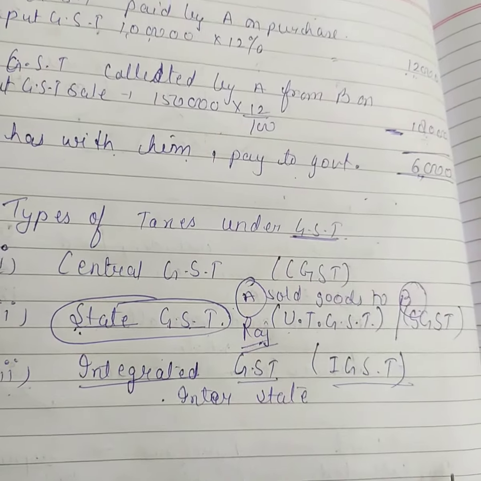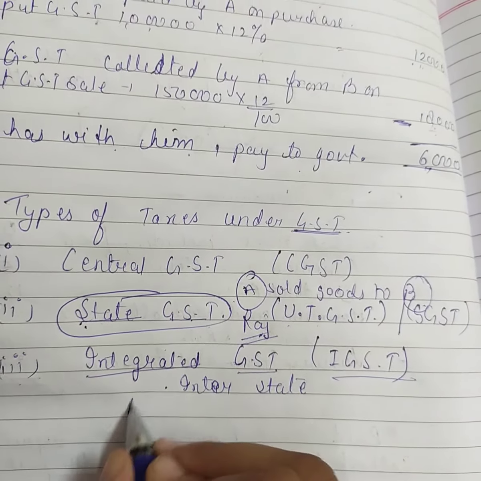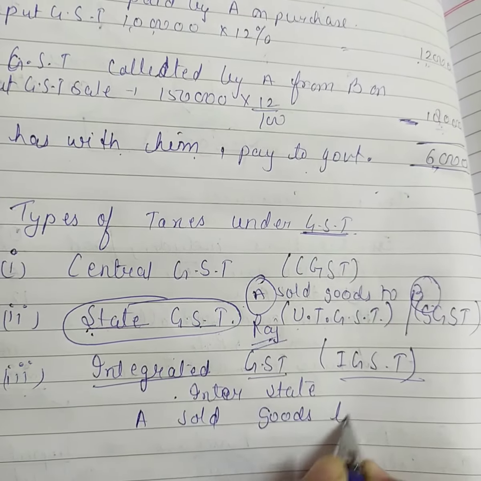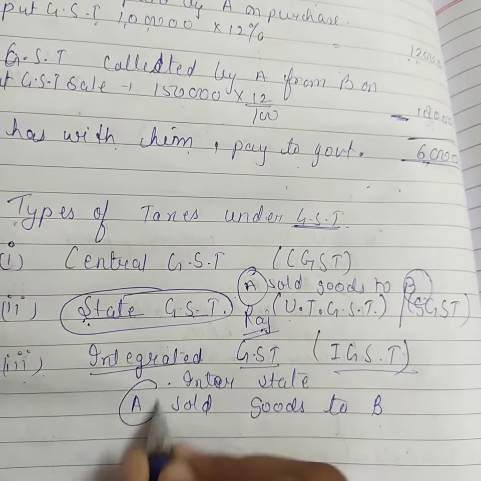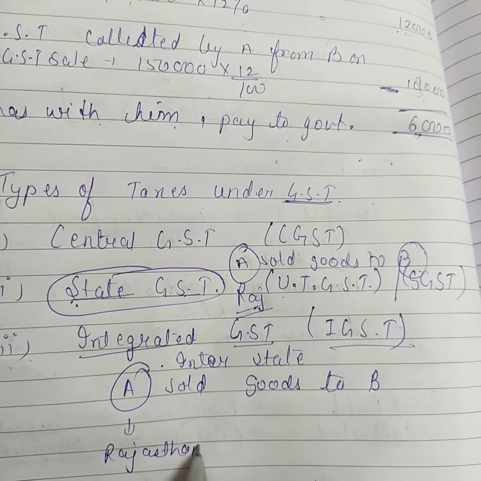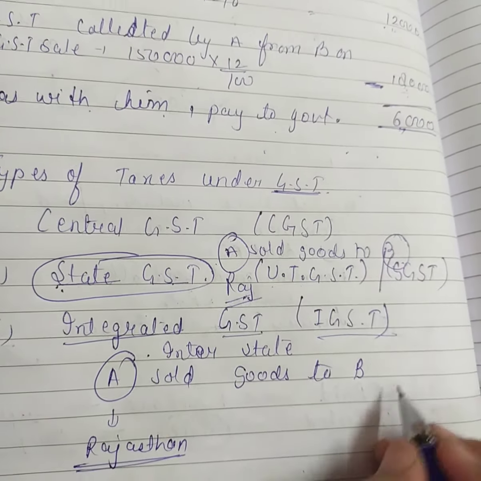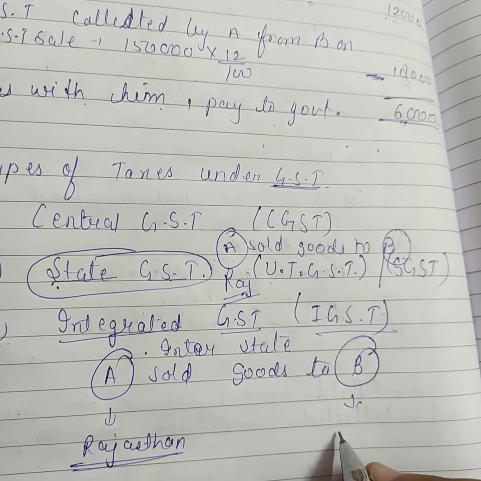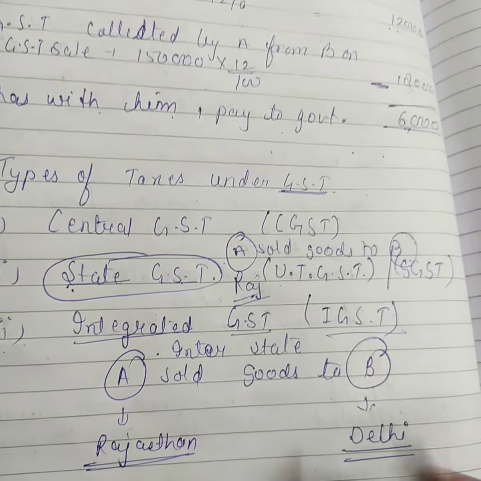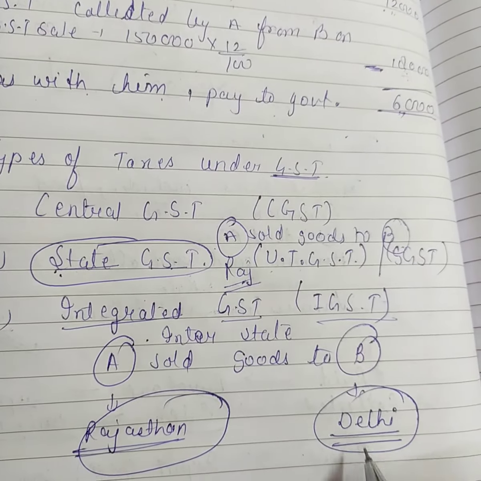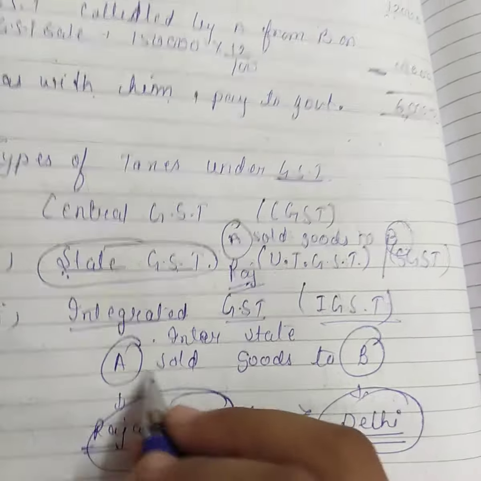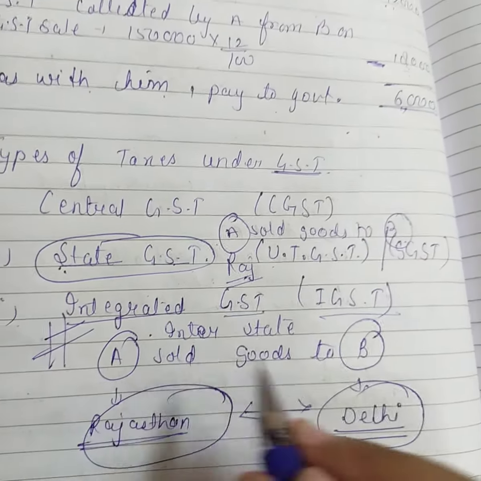For example, A sold goods to B. A is a dealer living in Rajasthan, and B is a dealer living in Delhi. So they are from different states, so on their transaction IGST will be imposed.